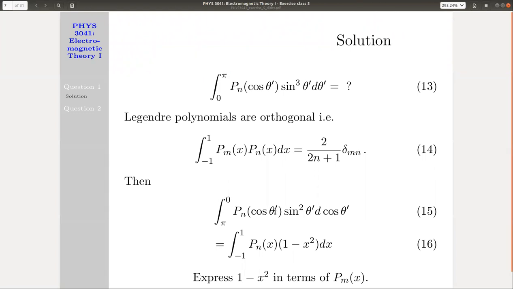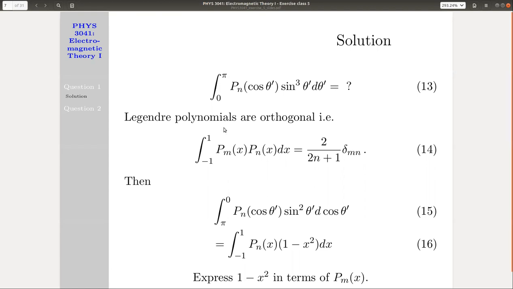Then what we can do is take one sine theta prime, and replace the d theta prime with d cosine theta prime. So we have the minus sign, and the minus sign will flip the bounds.